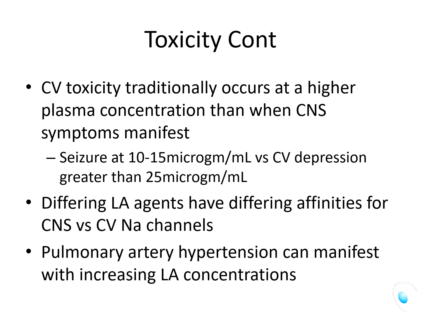As I alluded to before, different local anesthetic agents have different affinities for the central nervous system and cardiovascular system sodium channels. Toxicity can also manifest as pulmonary artery hypertension, typically seen with increasing local anesthetic concentrations.